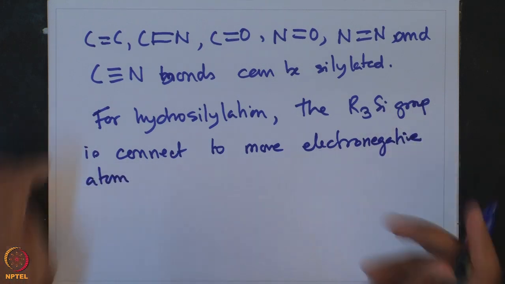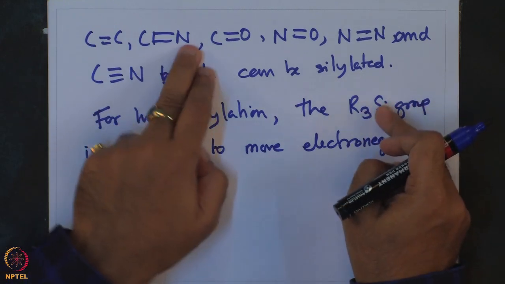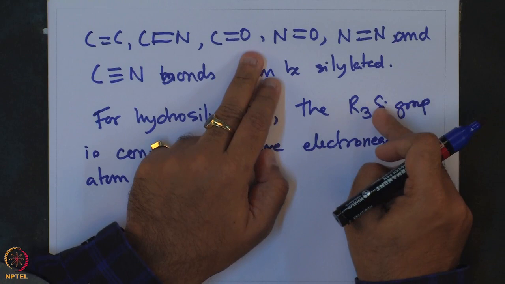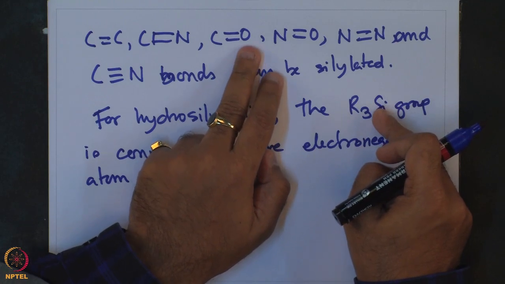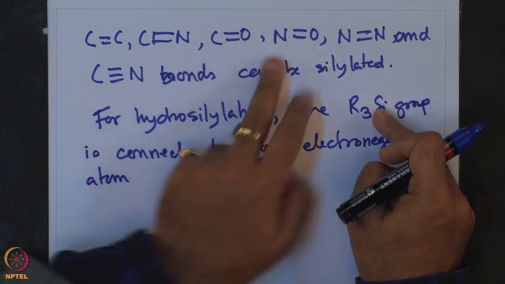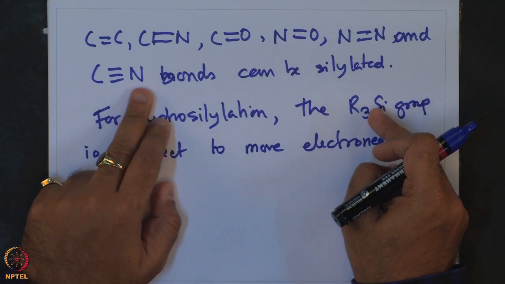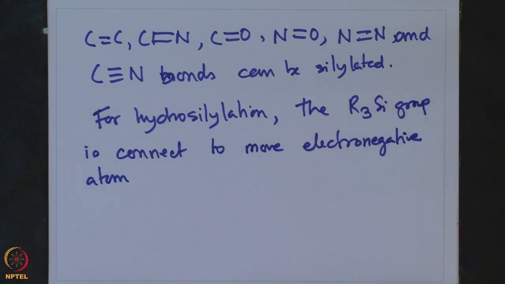So, in this case for C=N, the R3Si would be on nitrogen; for C=O, the R3Si would be on oxygen, and the hydrogen will be on carbon. For N=O, R3Si will be on nitrogen, and for C triple bond N, R3Si will be on nitrogen.